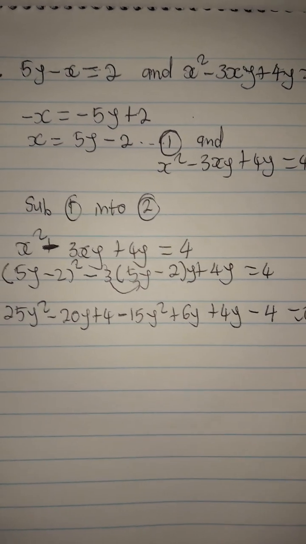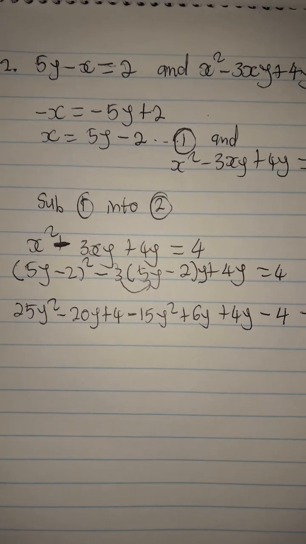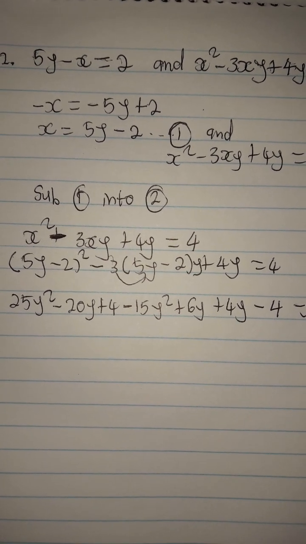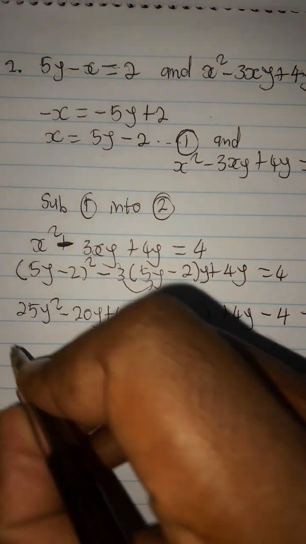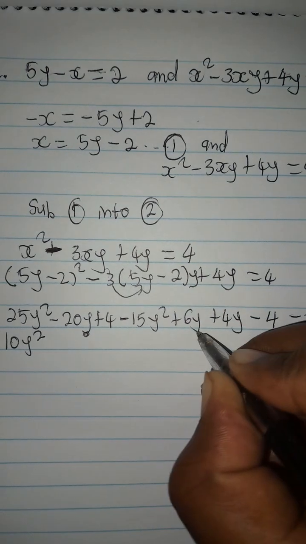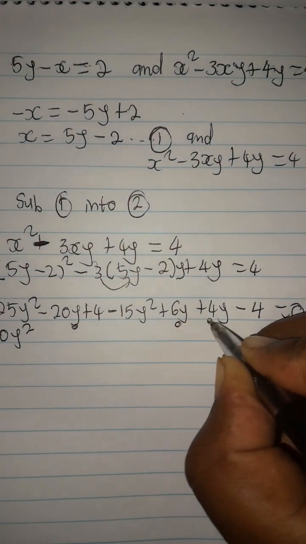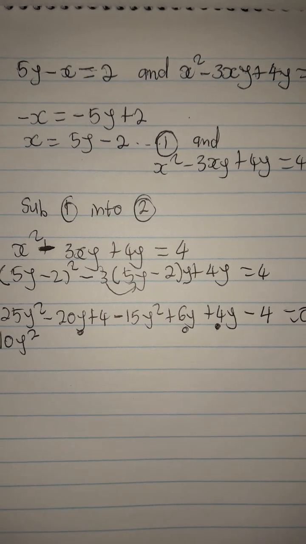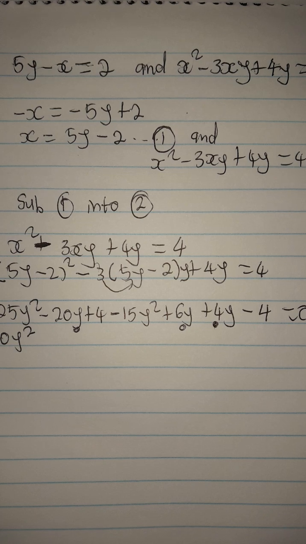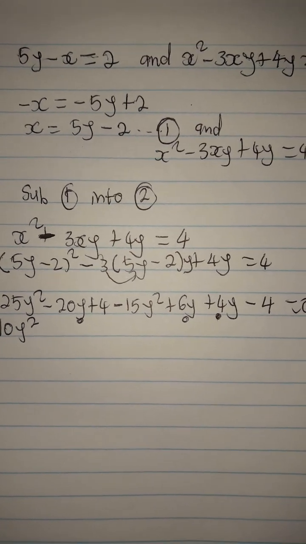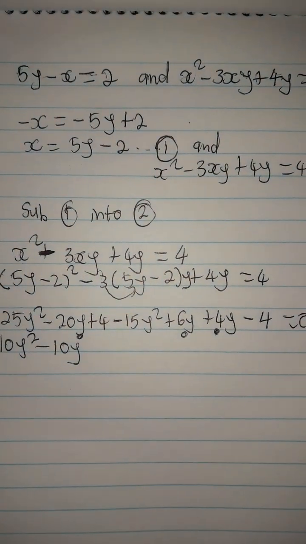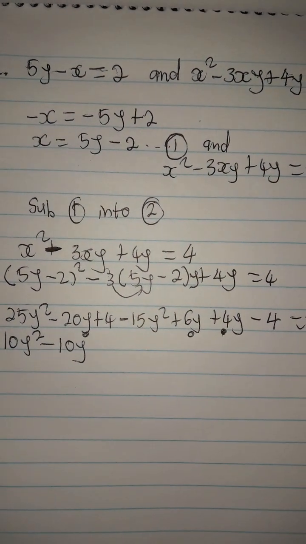We collect the like terms: 25y squared minus 15y squared gives 10y squared. Then we have minus 20y, minus 6y plus 4y, which gives negative 10y. Then the constants 4 minus 4 will be 0.